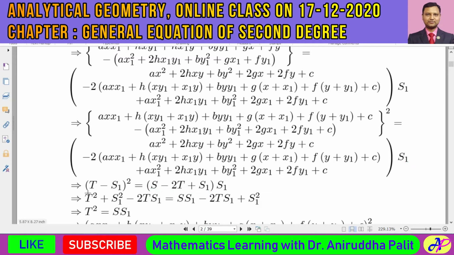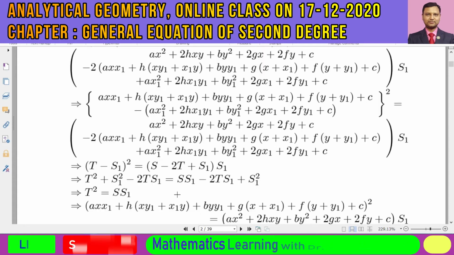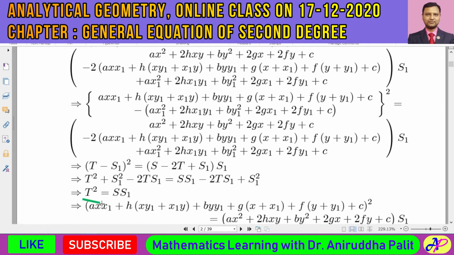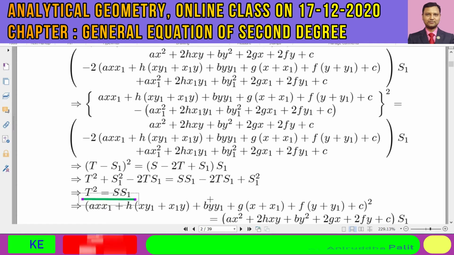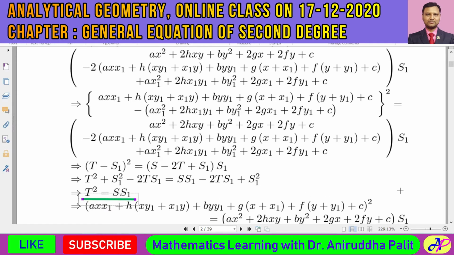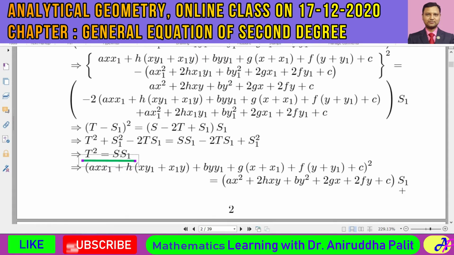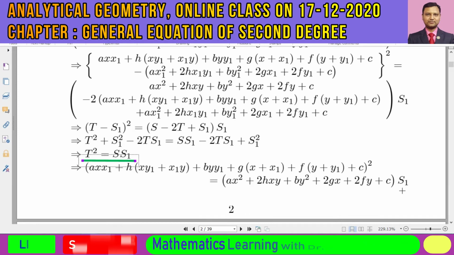Okay. Now we expand it, and after cancellation of different terms, we got this term T squared is equal to SS1. So we expect that we get the equation of tangent.